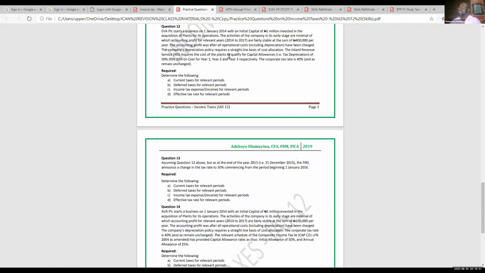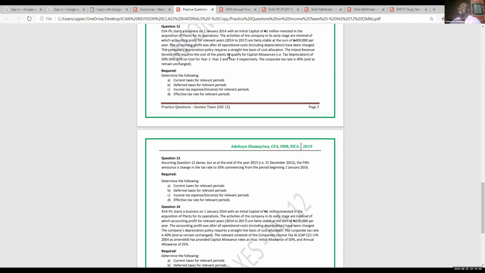The accounting profit was after all operational costs, including depreciation, has been charged. The company depreciation policy requires a straight line basis of cost allocation.